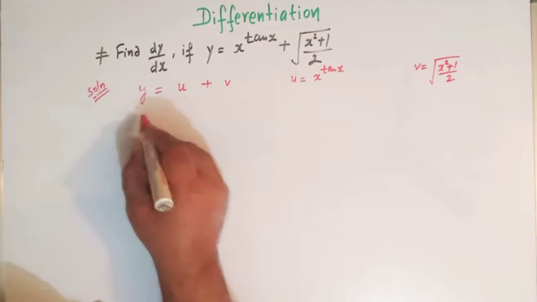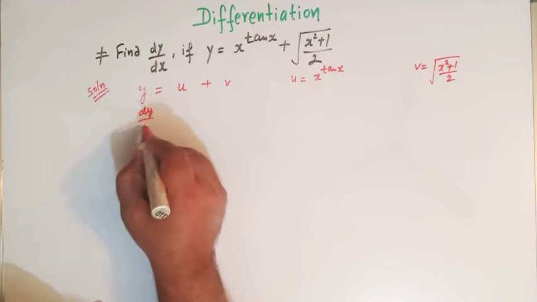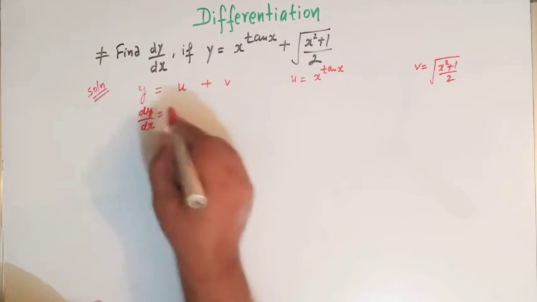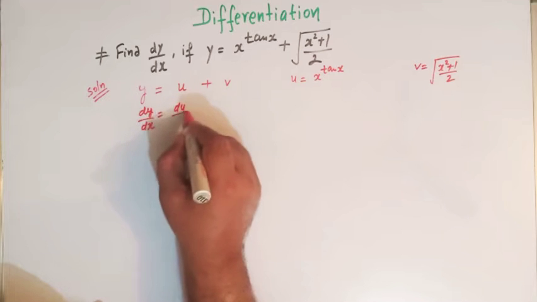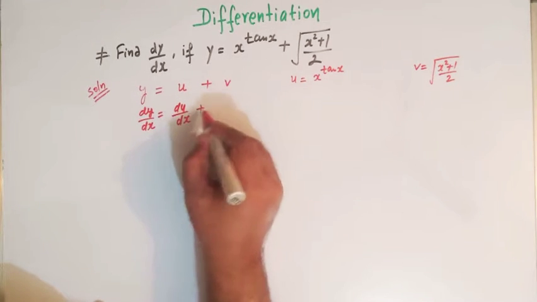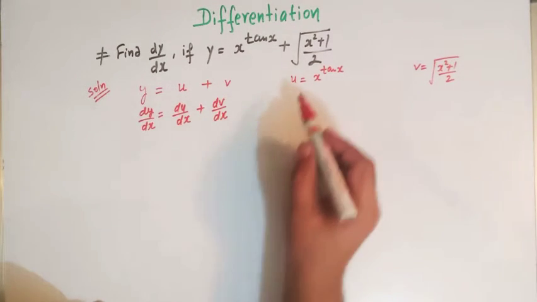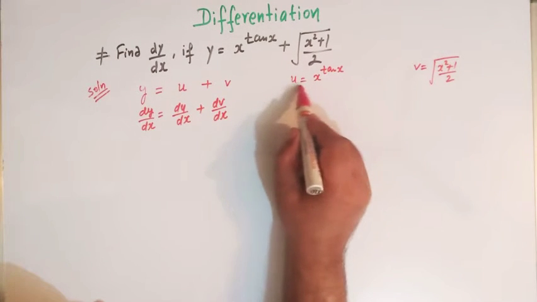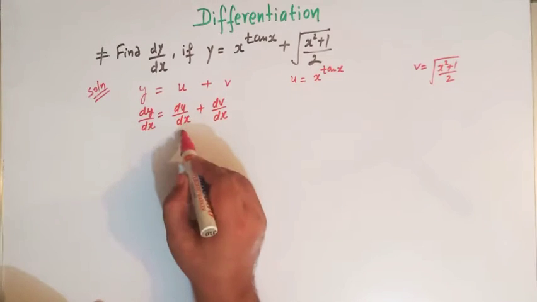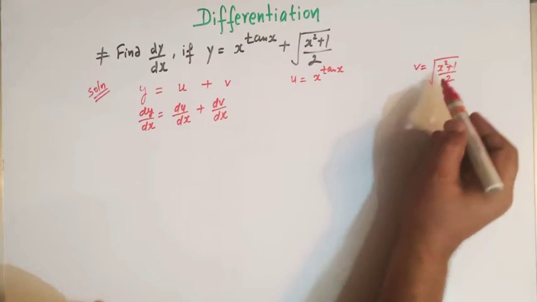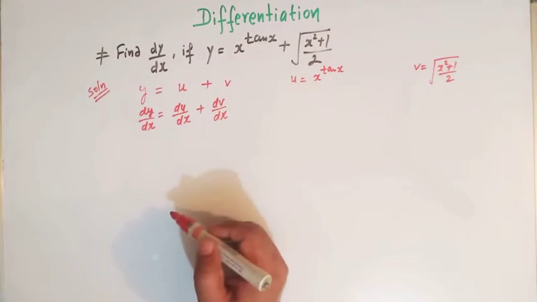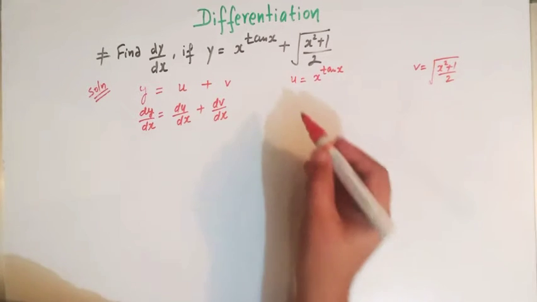Now we want to find dy over dx, and dy over dx is du over dx plus dv over dx. Now from this relation we will find du over dx, and from here we will find dv over dx. So let us do it.